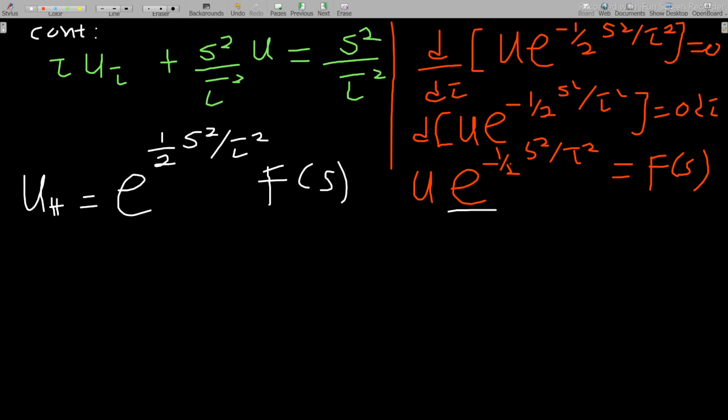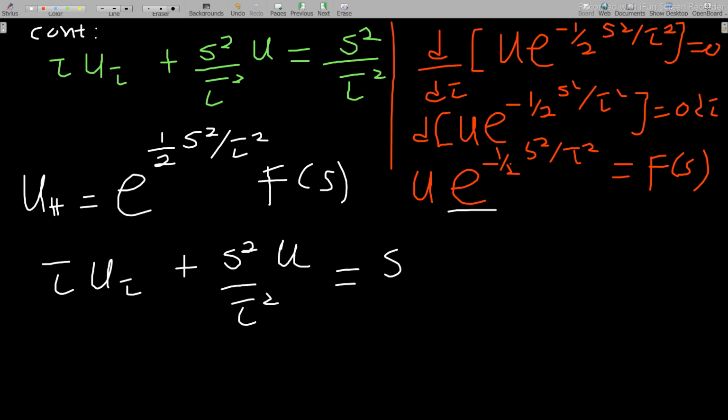Now we said that the particular solution will depend on the polynomial or whatever function is at the right side of the equation. Now I have tau u_tau plus s squared u over tau squared is equal to s squared over tau squared. This is the ODE we are solving.